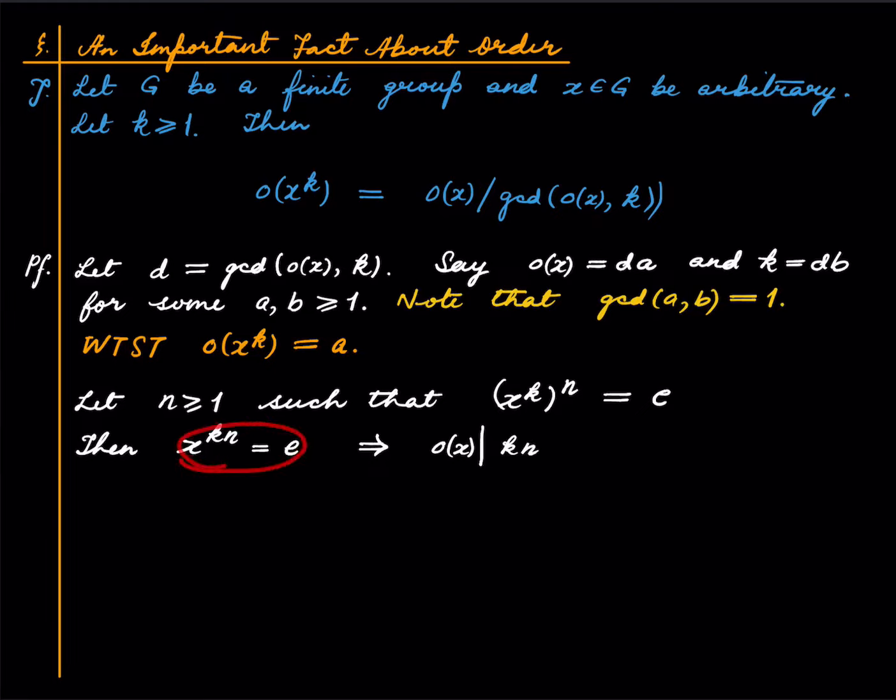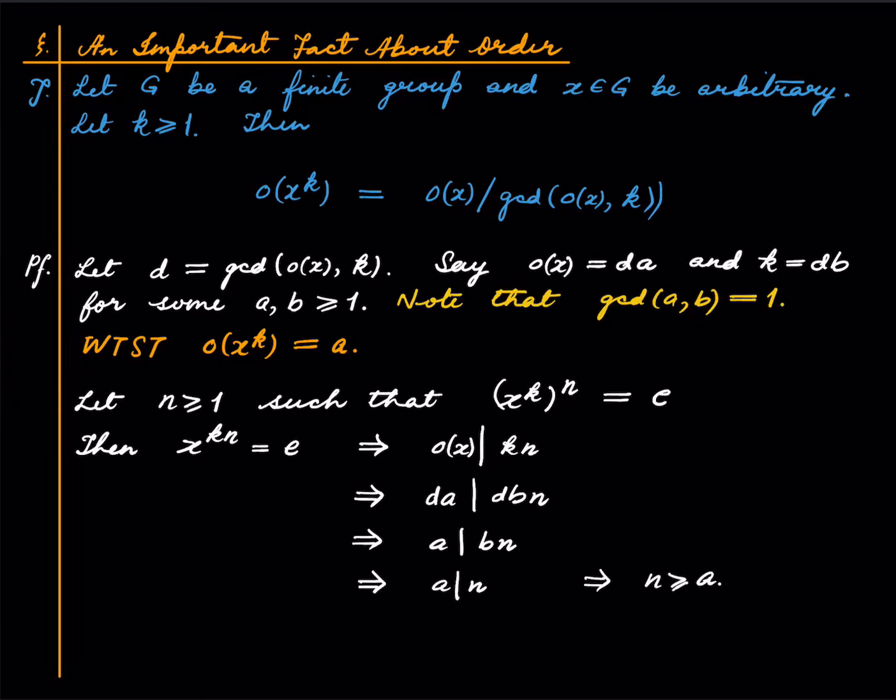Okay, which implies, just changing notation, that dA divides dBn, which implies A divides Bn, which, since A and B are relatively prime, says that A divides n. Okay, so therefore in particular, n is greater than or equal to A.